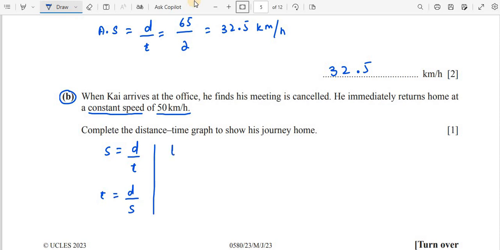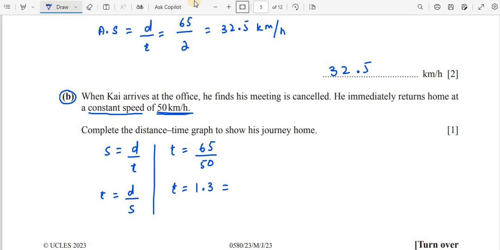So t is equal to distance. Total distance is the same as above, 65, divided by speed. Speed is constant, equal to 50. So calculating these values, we get 1.3.